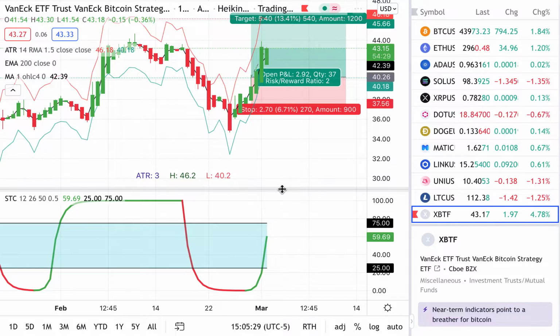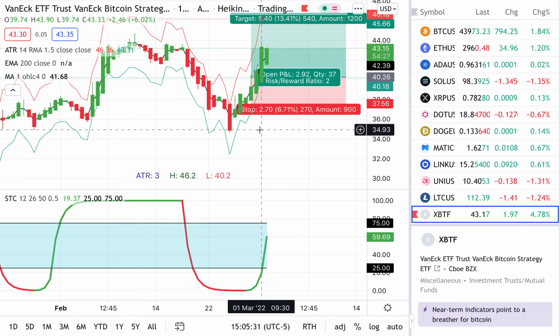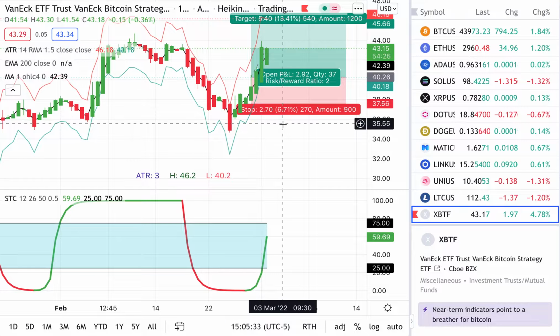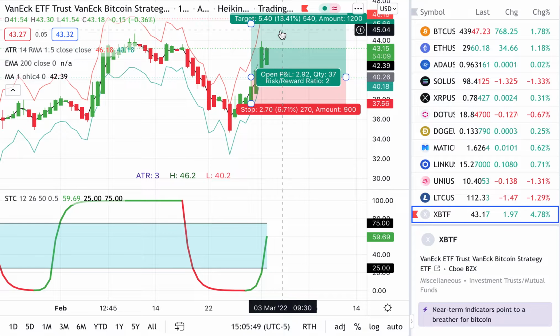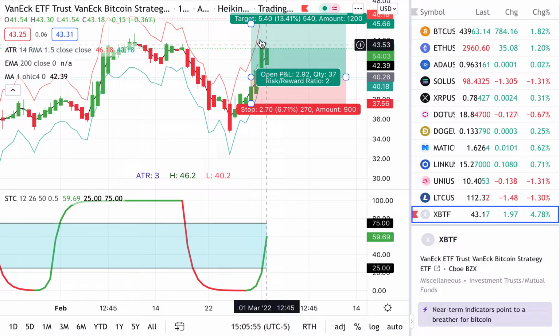So since I was going long, I set it below at the average true range. It was 6.71% at my stop, and I set it at 13.41 for a hopeful gain. I then went ahead and plugged in to sell half my position at halfway up, at whatever half of 13.41 would be, 7 point something, not quite 7.